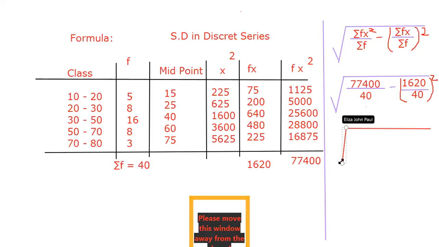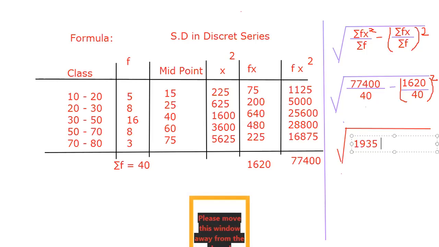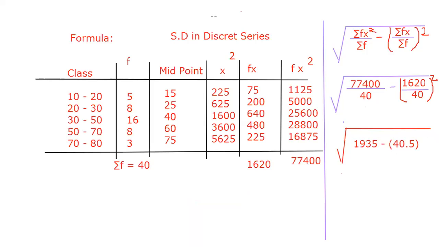So 77,400 divided by 40 is equal to 1935, minus again 1620 divided by 40, that is 40.5 to the whole square. So we are just going to simplify.